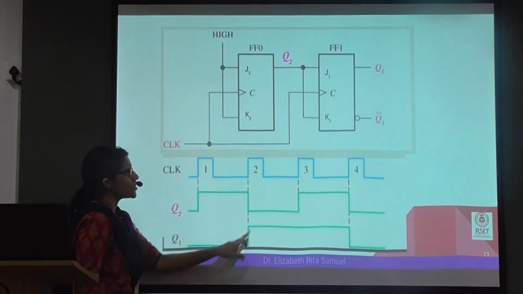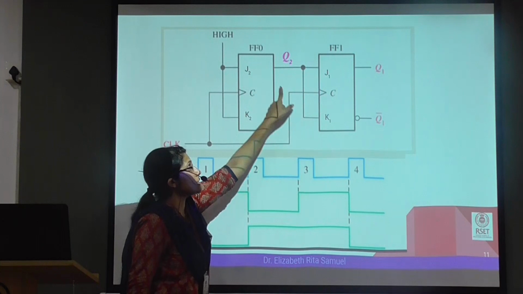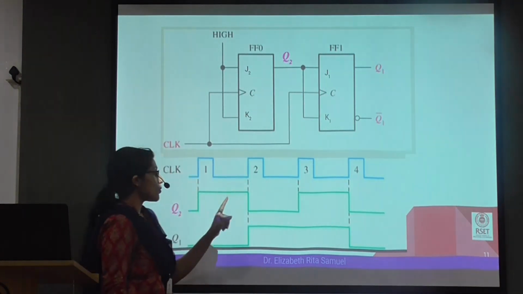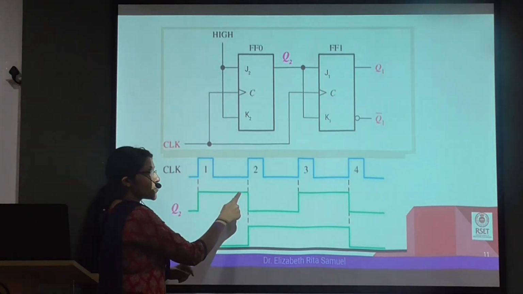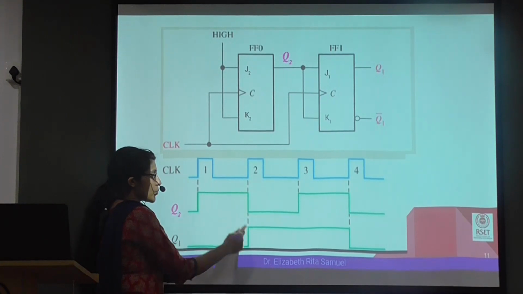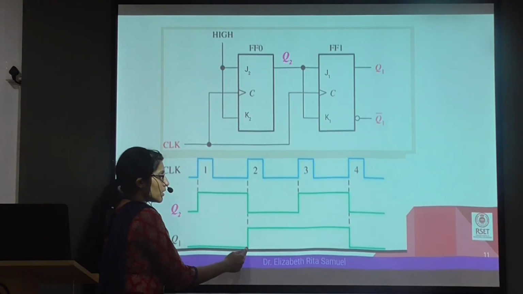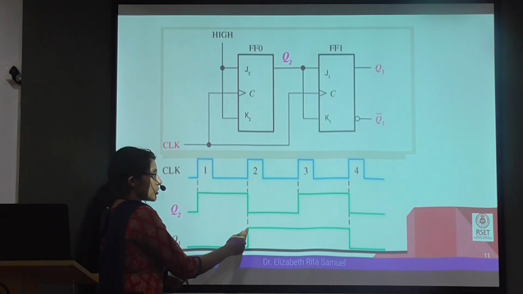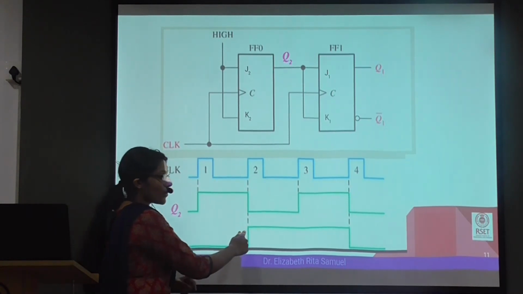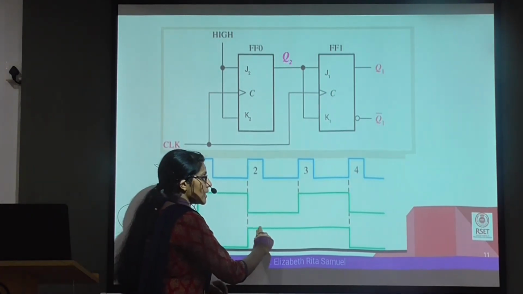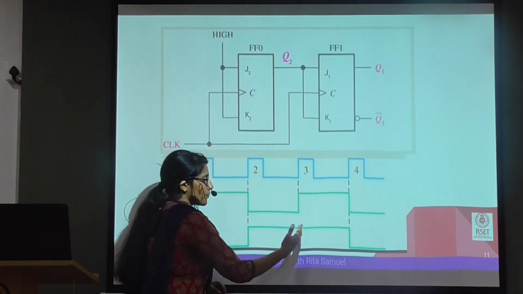At this rising edge, the input to the flip-flop is the value of Q2. So what's the value of Q2? Q2 is 1. So when there is 1, what happens to your output? It toggles. And it toggles to 1, and that value is held till the next rising edge.